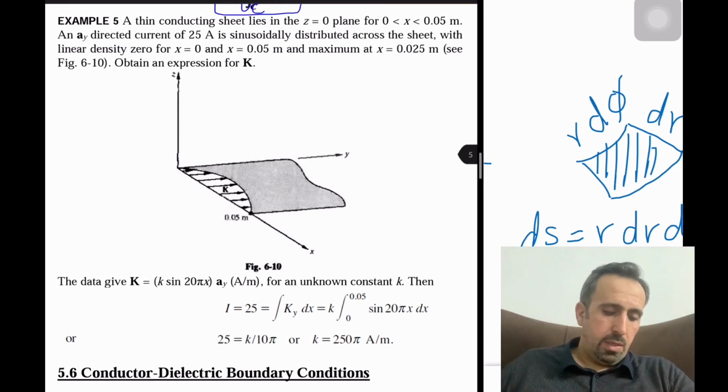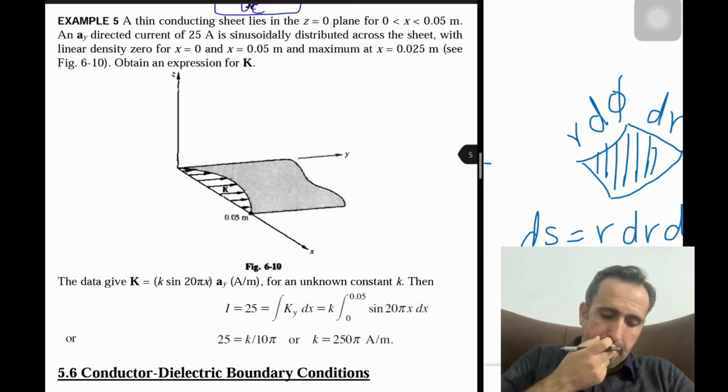A thin conductor sheet lies in the z equals 0 plane, for the limit of x from 0 to 0.05, and you have a current directed in the y direction.